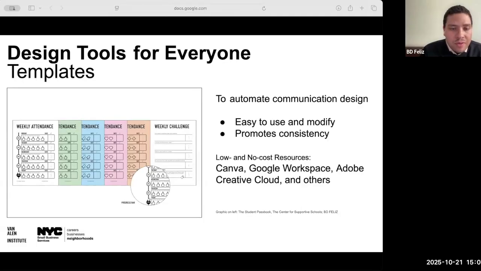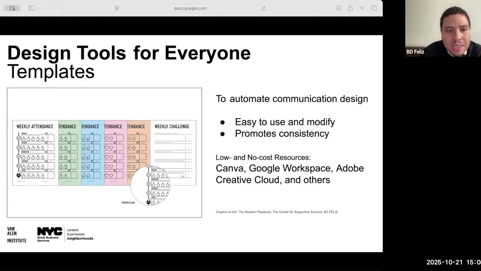The example I have here is the Center for Supportive Schools, an organization that I worked with several years ago, where we basically gamified their attendance at their high school. They were trying to find a way to track students coming into school and not coming into school, but in a fun way, and also see how they were doing, because some students were at risk of failing simply because of not attending school, and their grades were going down.